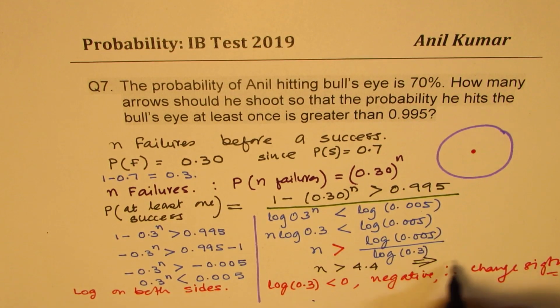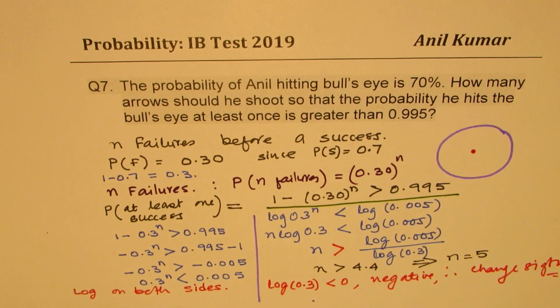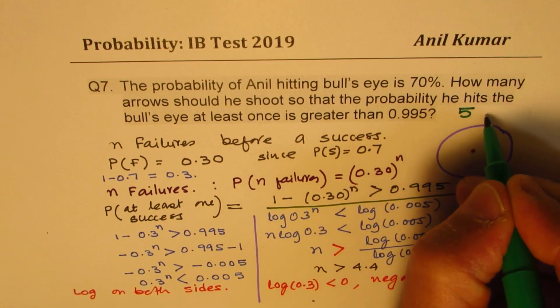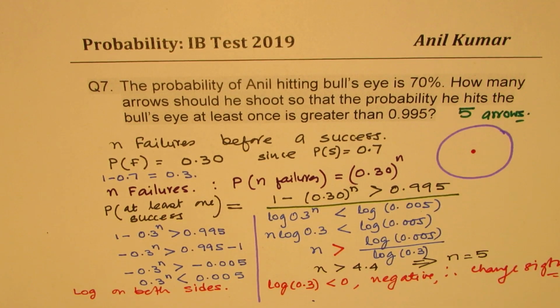So that implies that n equals 5. Does that make sense to you? So that is how you're going to find your solution. So how many arrows should he shoot? He should shoot 5 arrows to ensure that the probability of hitting the bullseye is 99.5%. Perfect. So that is how you have to solve it.